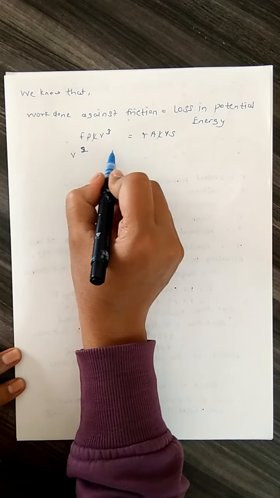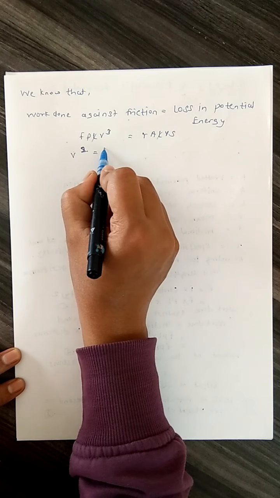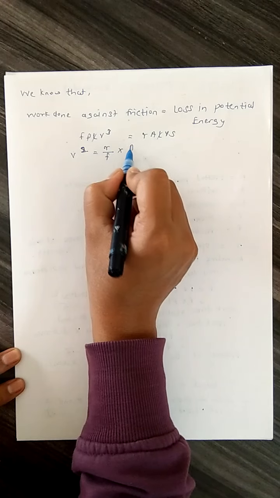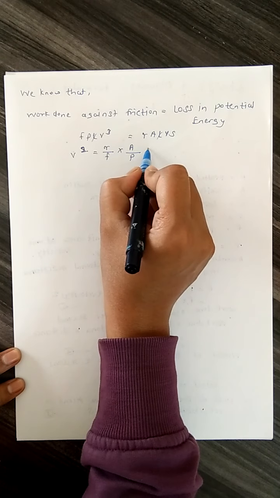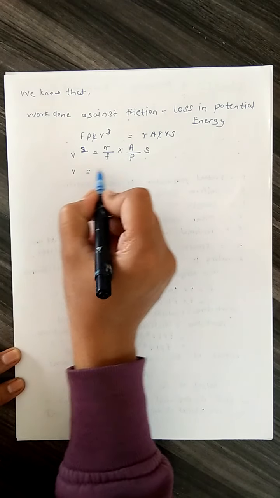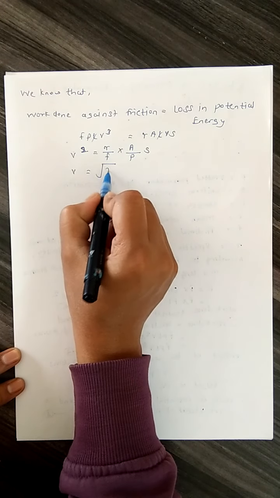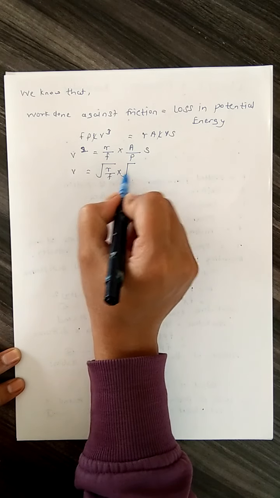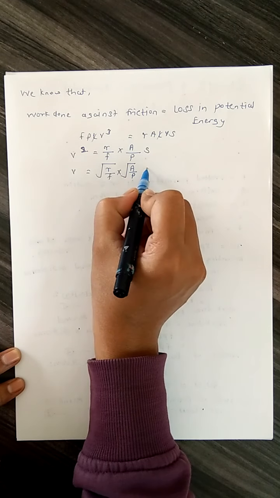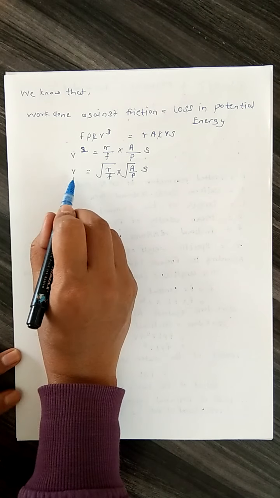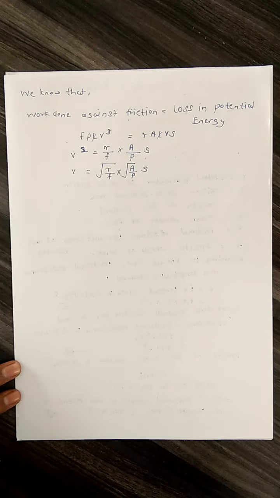V square is equal to gamma upon f into A upon P into S. So we write V is equal to under root gamma upon f into under root A upon P into S. This is our mean velocity.